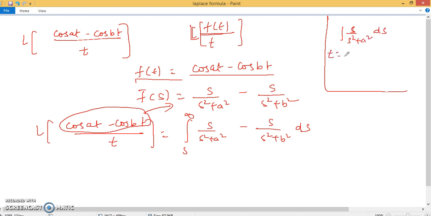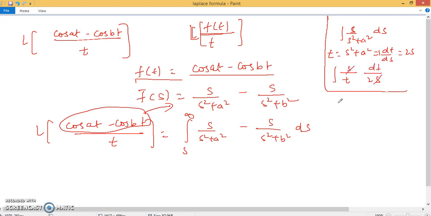So you can consider t equal to s square plus a square, and you can write dt by ds equal to 2s. By the substitution method, s stays as it is, this is t, and ds is equal to dt by 2s.